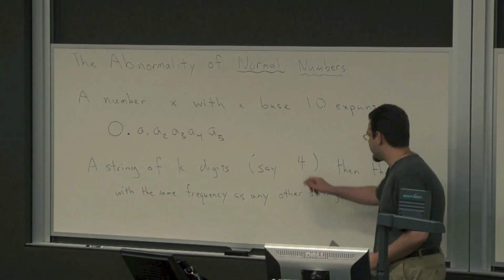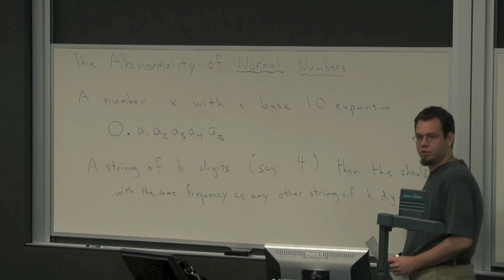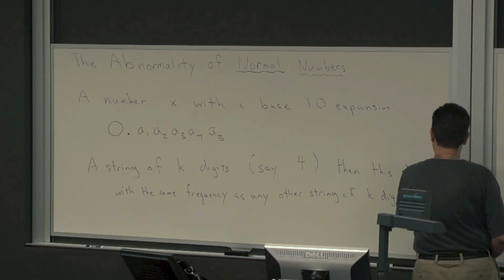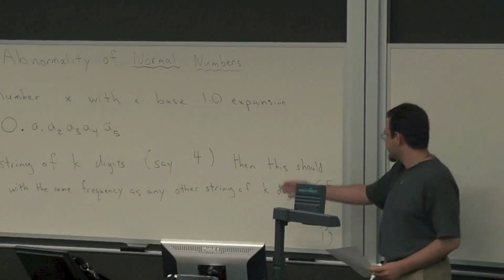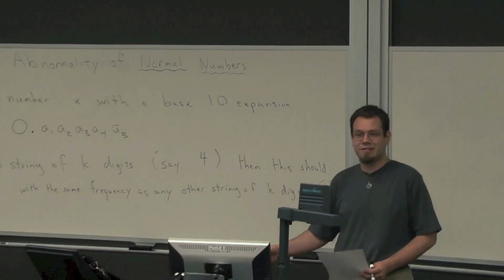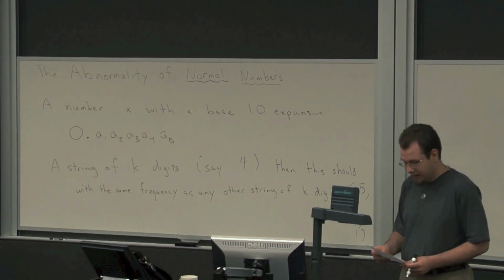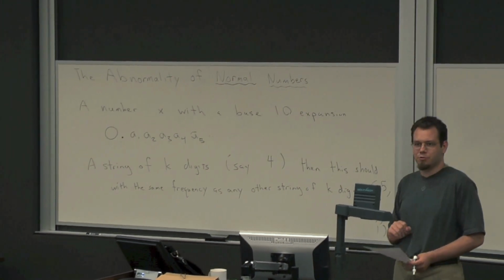So I said 4, well then okay, here are some other strings, 5, 6, 9, 1, and so on and so forth. I want 4 to appear as often as 5, as often as 6, as often as 9, as often as 1. And I want this to be true even if I pick a longer string of digits.